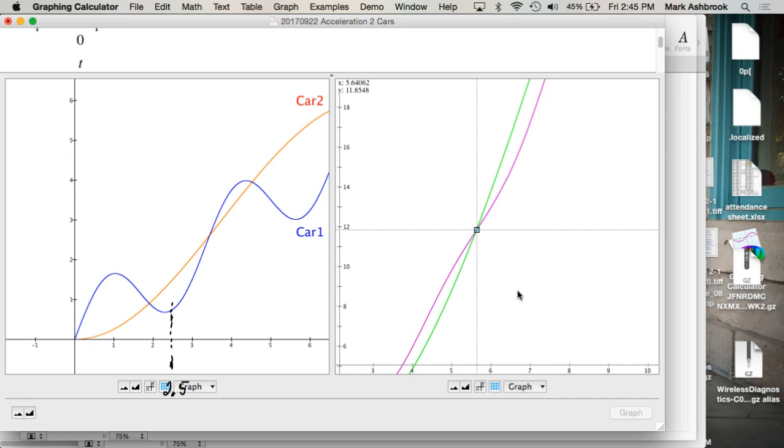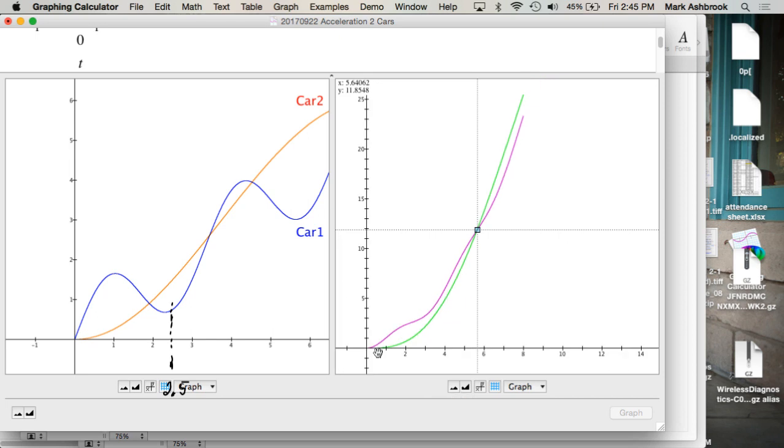Explain exactly what's happening with the cars at 5.6 seconds. So take a second to talk. Exactly what's happening at 5.6 seconds with those two cars. Go.